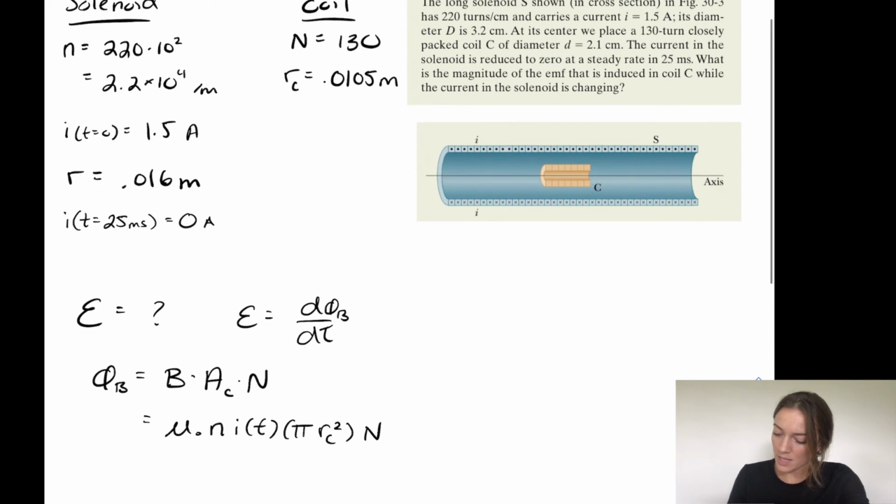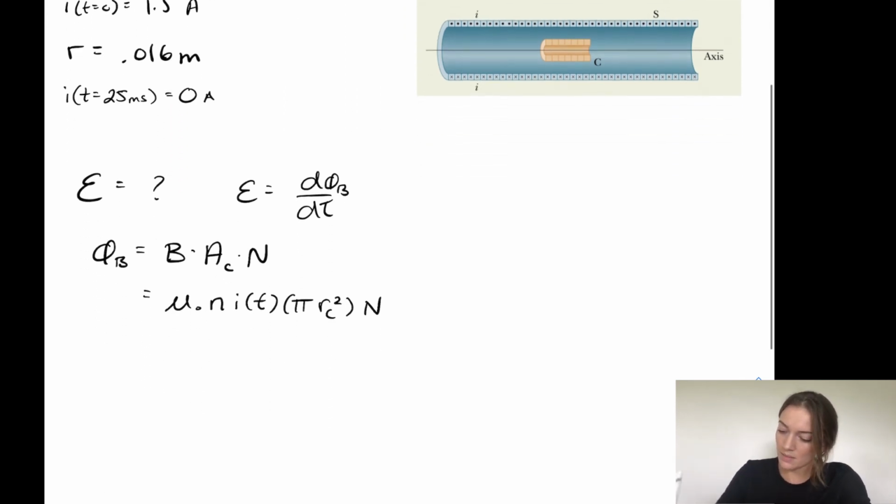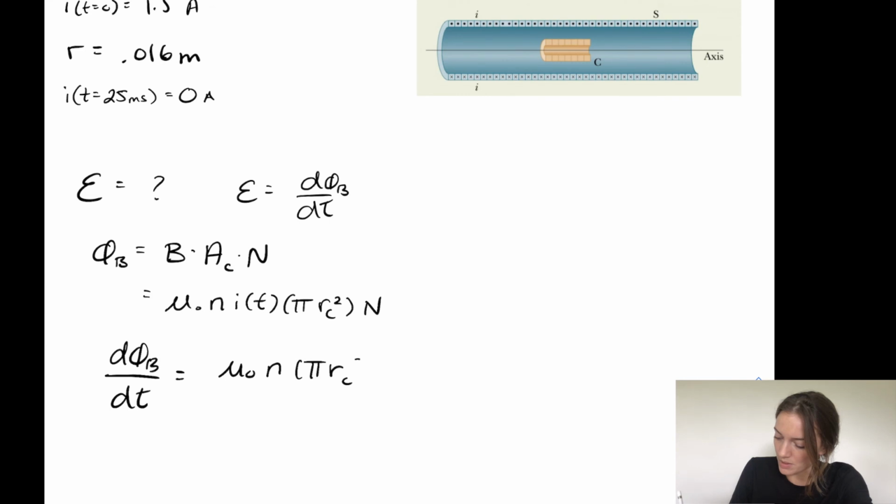Now, it tells me that the current starts out at 1.5 amps, and then a very short time later, the current is 0 amps. So I can just approximate this when I take the derivative. Let me get all of my constants over on one side.